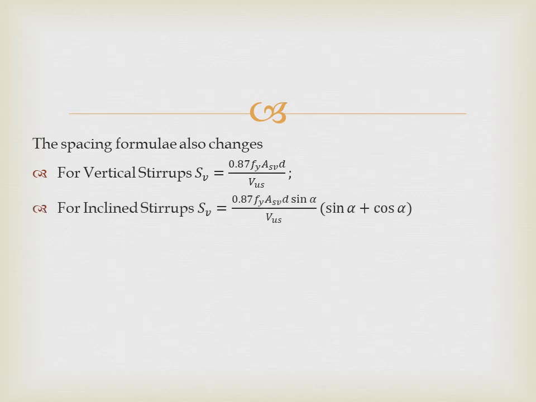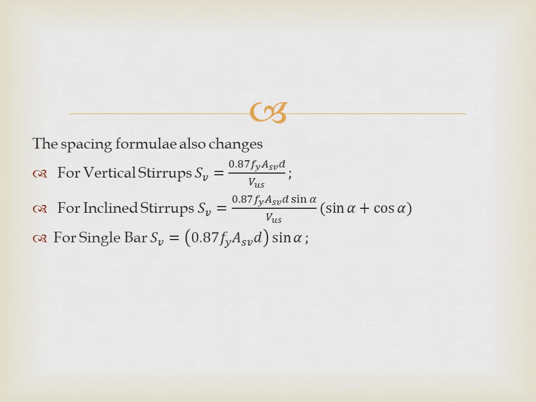For inclined stirrups, SV is equal to 0.87 Fy ASV D (sin alpha plus cos alpha) by VUS, where alpha is the inclination of the bars, the angle at which they have been provided in the beam.